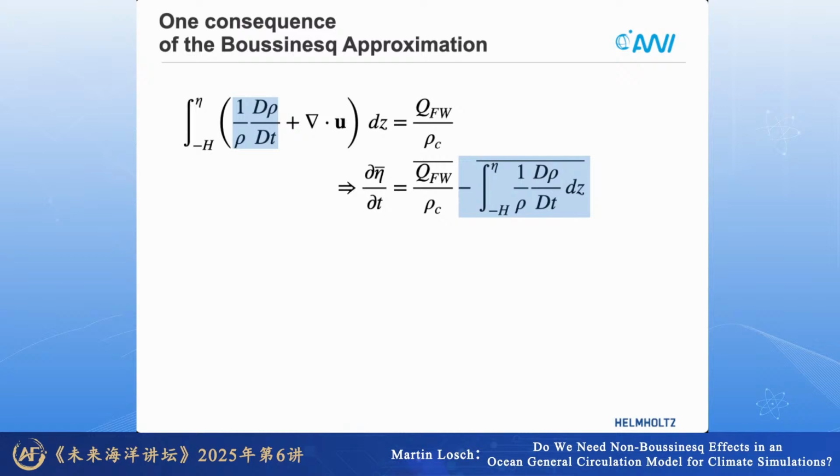But if you then average this over the entire domain, and this is the small bar or the over bar here in the second line, then you come up with an equation for the mean sea surface height or sea level, mean dynamic sea level eta, and this is then the averaged freshwater flux at the surface, or the mass flux or volume flux at the surface, minus this expansion term, that is the Boussinesq or non-Boussinesq contribution to sea level change.